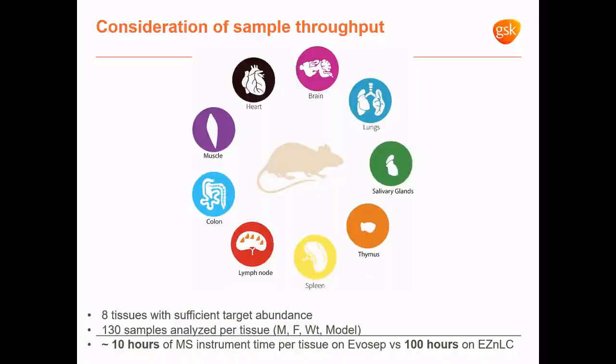So that, with controls built in, results in about 130 samples per tissue, which is approximately 10 hours of mass spec time if we're using the Evosep One, versus about 100 hours on the Easy Spray system. And that's per tissue. So if we do 10 hours per tissue times 8, it's 80 hours versus 800 hours.